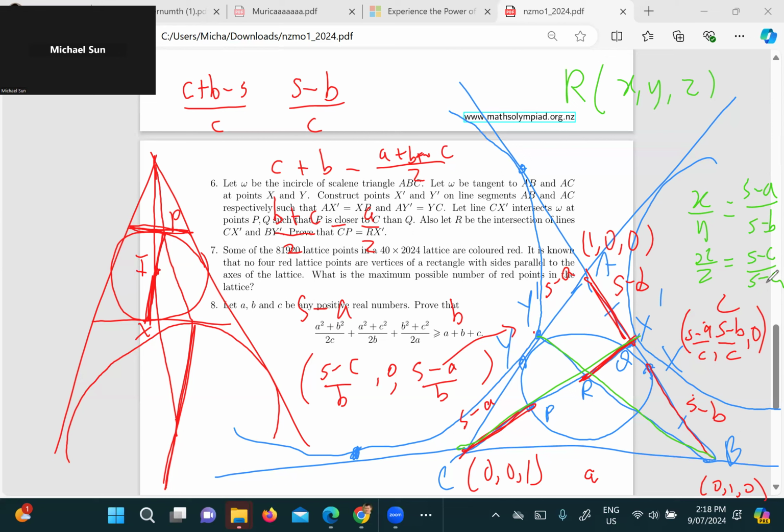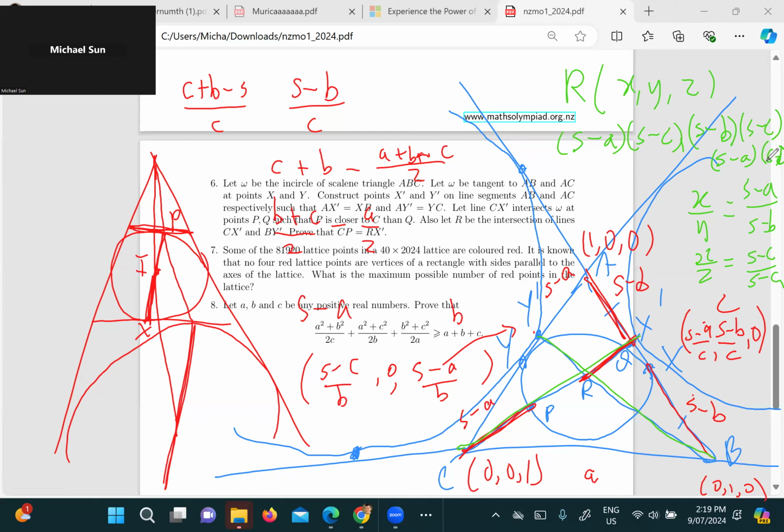I guess the first one is S minus A times S minus C. The second one, S minus B times S minus C. The last one is like S minus A times S minus C. Oh wait, S minus A squared.